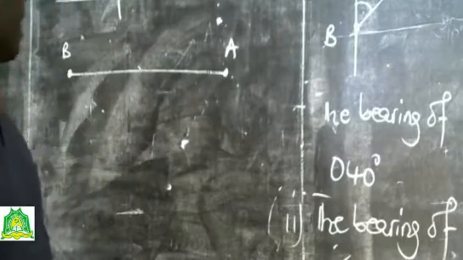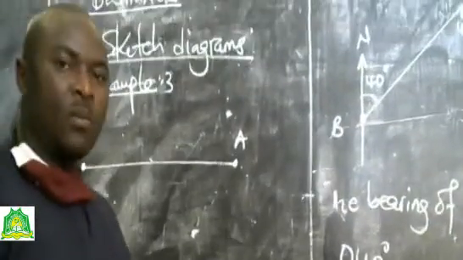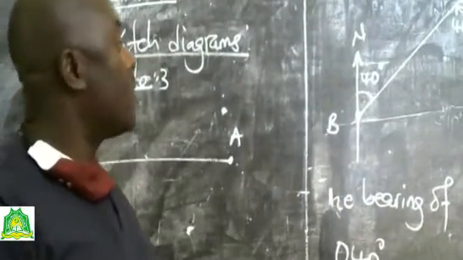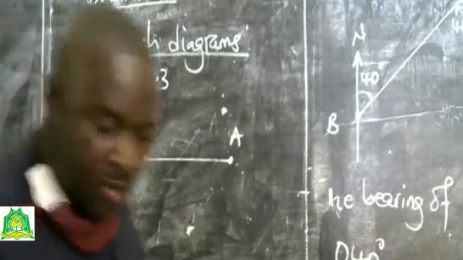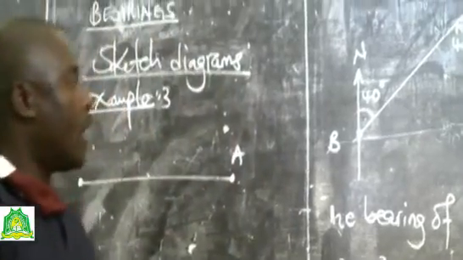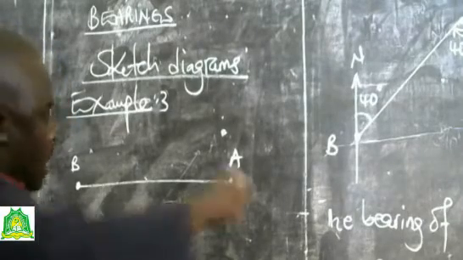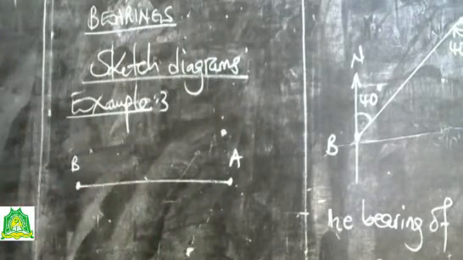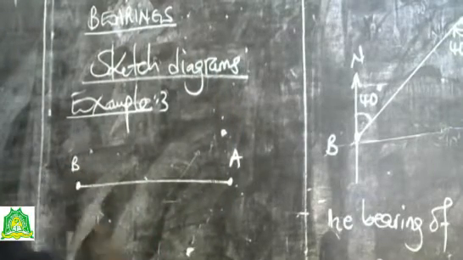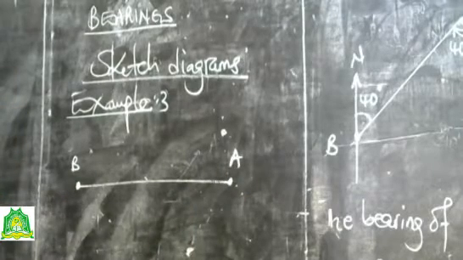The straight line may not indicate the fact that they are on the same horizontal or level surface, but in bearings, because we are supposed to measure the angle in a horizontal plane, we shall always try to look at same level ground. Look at this. If we say, set the bearing of A from B, the bearing of B from A.